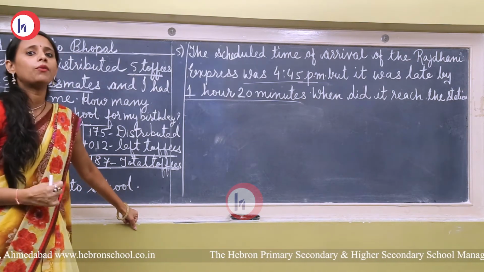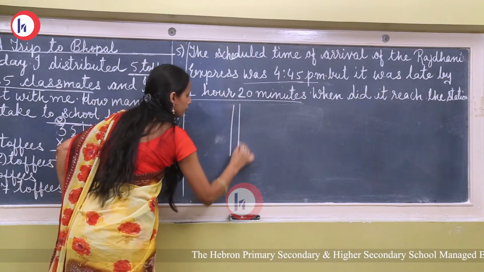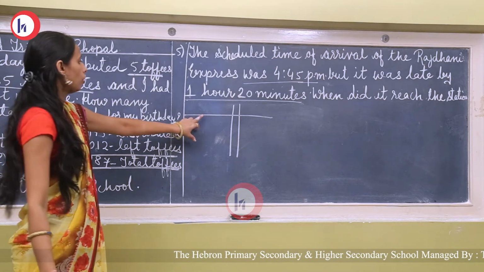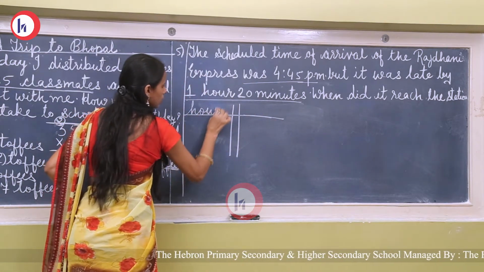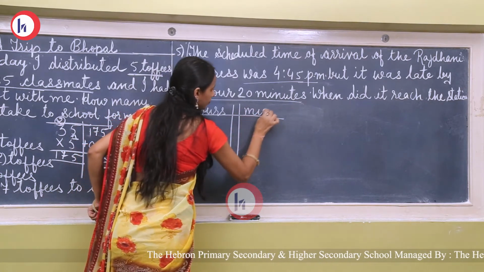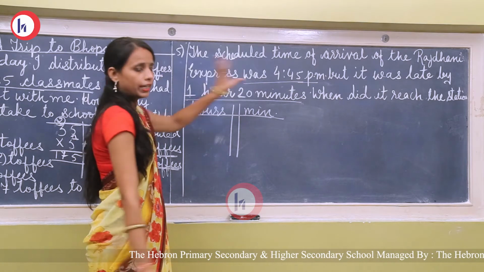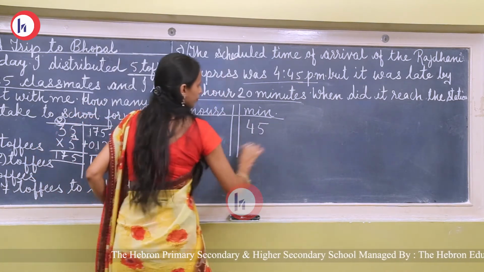So, actual time when train reached. So, first of all, when we calculate the problem sum of the timing, so we have to write like this. Here will be hours and minutes. Okay, first of all, the timing of arrival, schedule timing, 4:45.